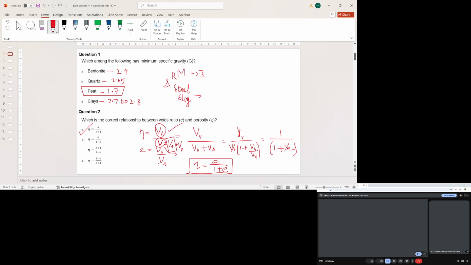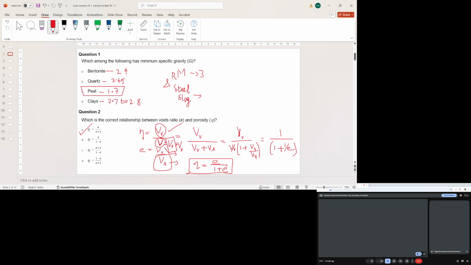So hence, volume of solids is not going to change; it's a constant. Even if volume of voids is changing, volume of solids is not going to change. So hence, it is a relatively advantageous ratio to define the state of the soil.